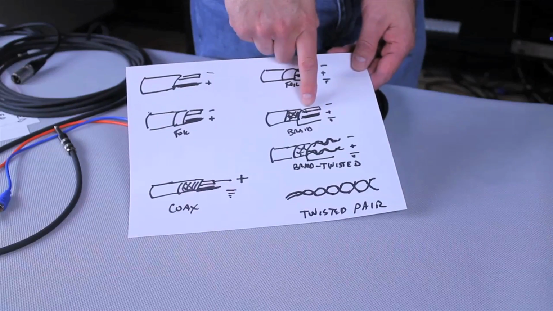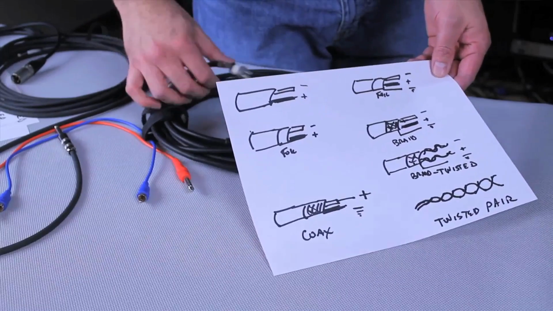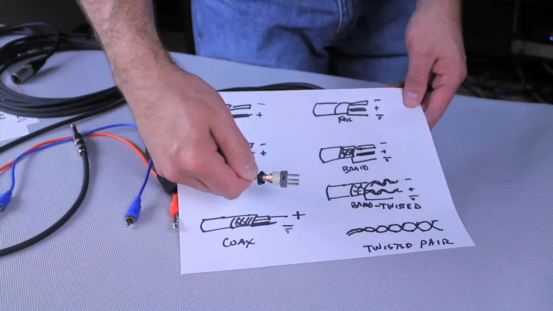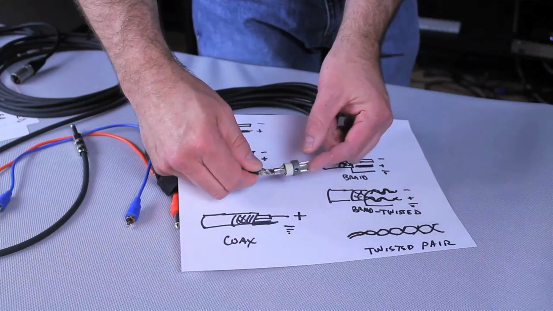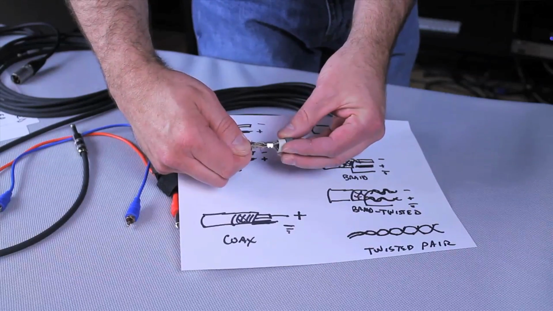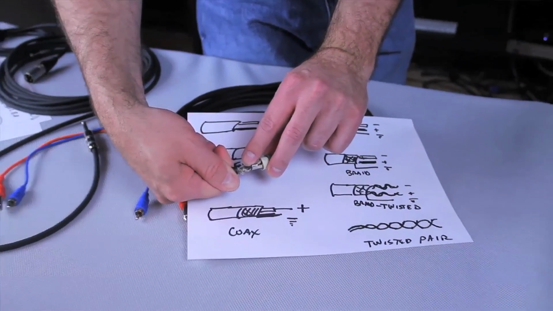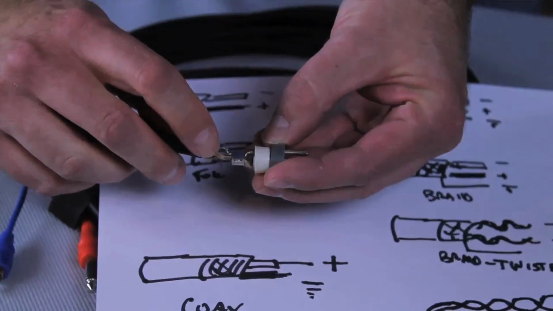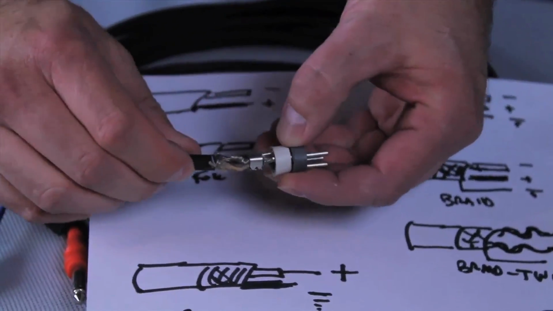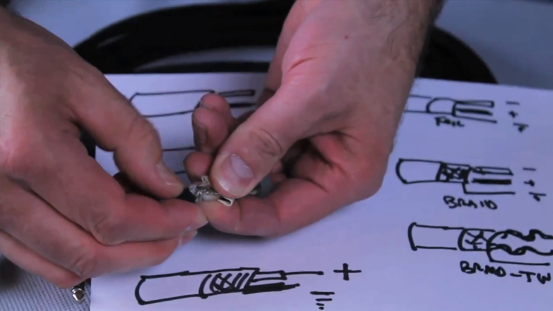This is an XLR, and we've got a rubber jacketed cable there, and then we have a braid around this. It's hard to see, but what we've done is we pulled the braid out, and basically you pick it out and create another wire with the braid, so it goes all the way around.